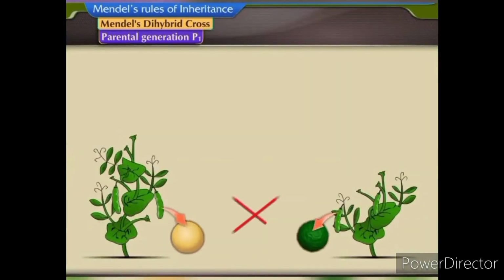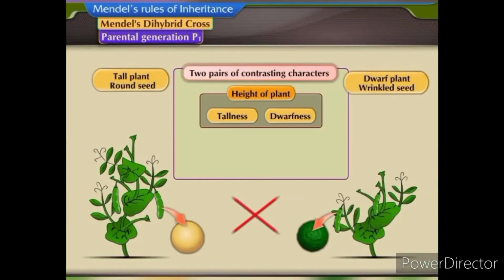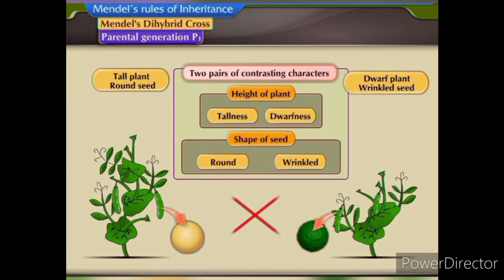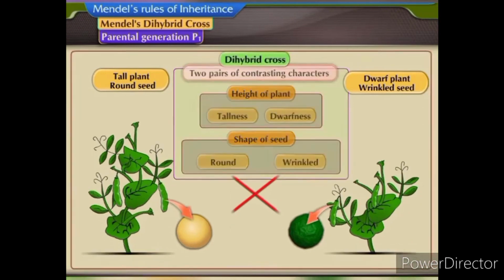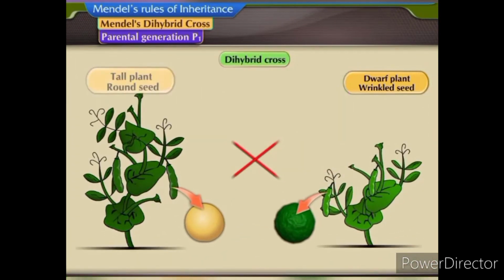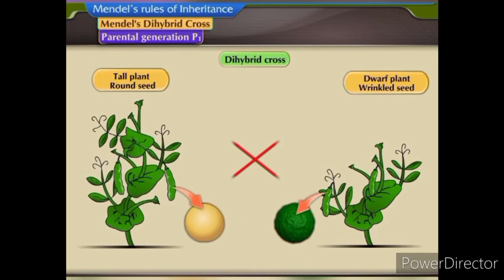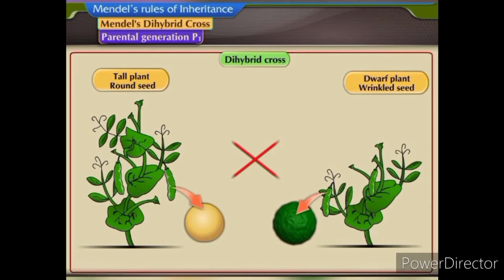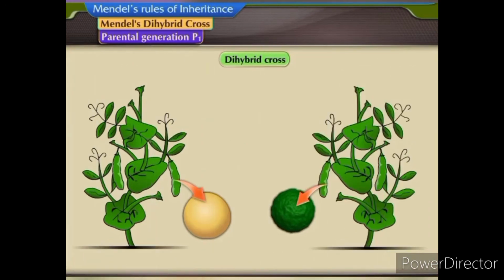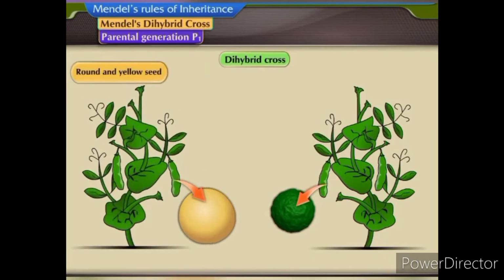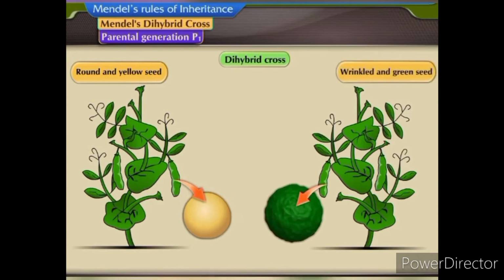A cross which involves plants with two pairs of contrasting characters is called a dihybrid cross. For example, if tall plants having round seeds are crossed with short plants having wrinkled seeds, then the cross involved is a dihybrid cross. Let us understand about Mendel's experiment involving a cross of pea plants having round and yellow seeds and those with wrinkled and green seeds.